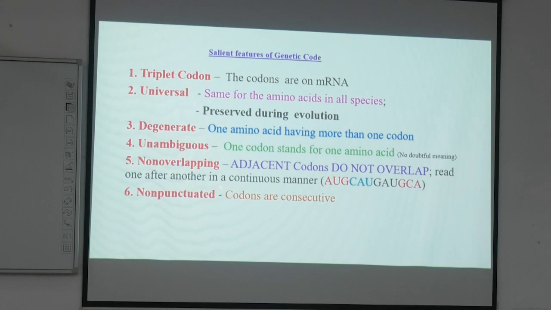This is non-overlapping. In the sequence, adjacent codons do not overlap. That is, they are read one after another in a continuous manner. You can see that AUG is a codon, CAU, GAU, GCA, all these different codons. They represent different amino acids. So there is no overlapping. And non-punctuated means codons are consecutive. There is no gap.